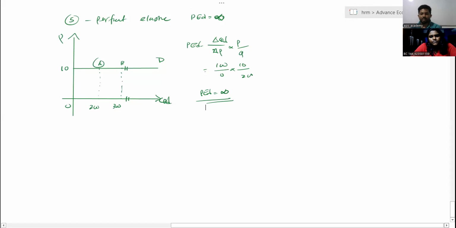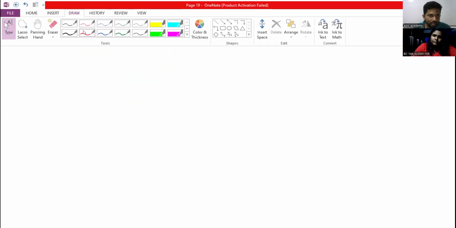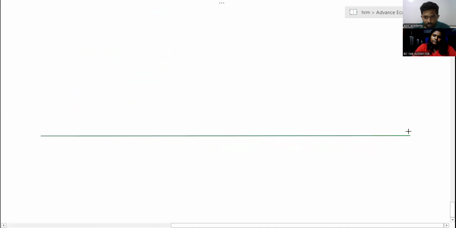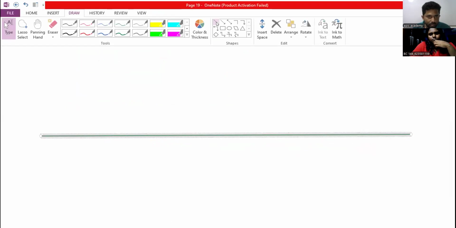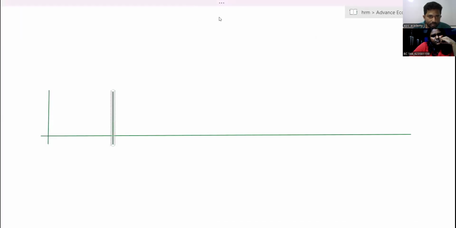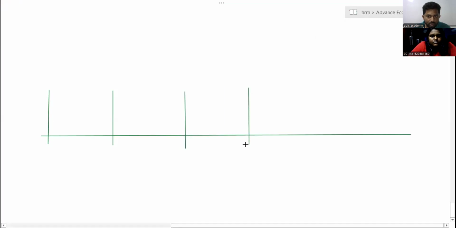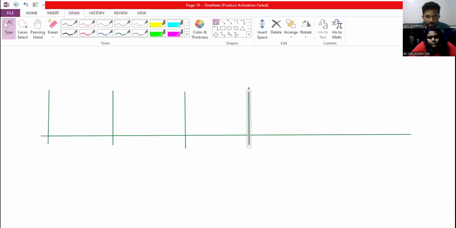So now it is easy to identify the curves, and I will describe that using an easy method. Okay, this is the point. This is the first curve, second curve, third curve, fourth curve, and last one.